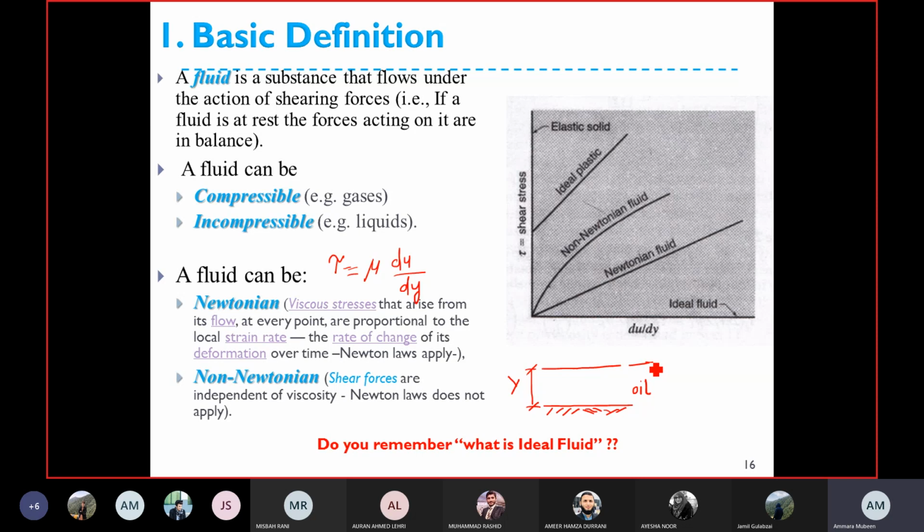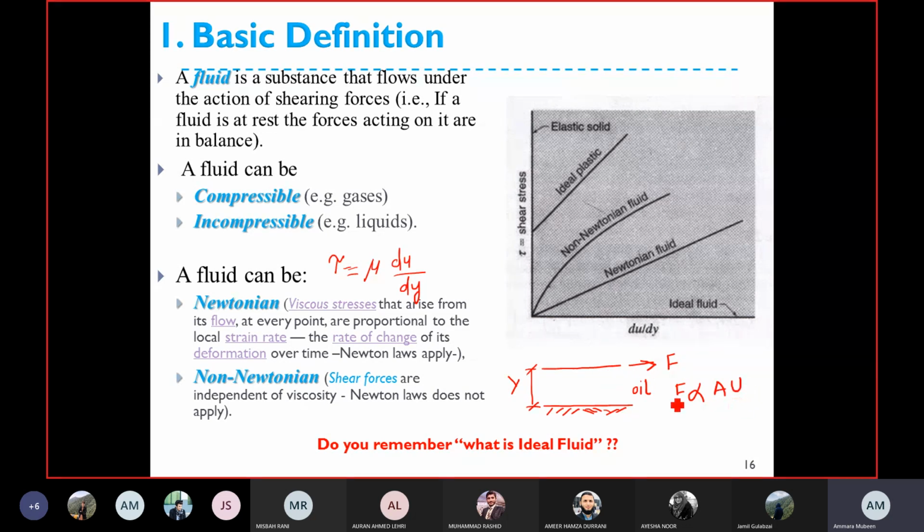So it means if on applying force the top plate would be moving, you are applying shear force on the top plate. Then according to Newton, the force applied to this plate is directly proportional to the area of the plate and the velocity of the top plate.